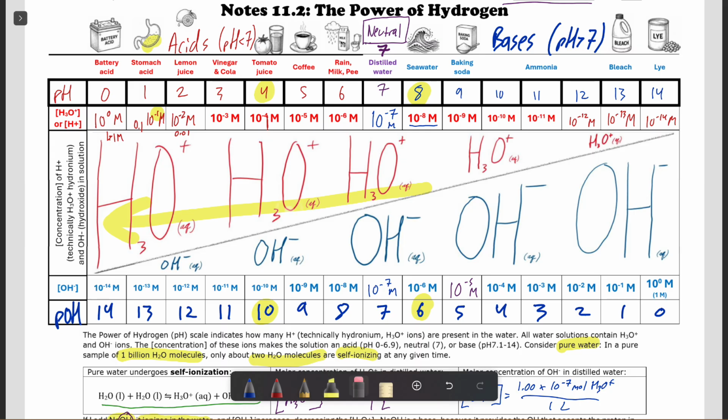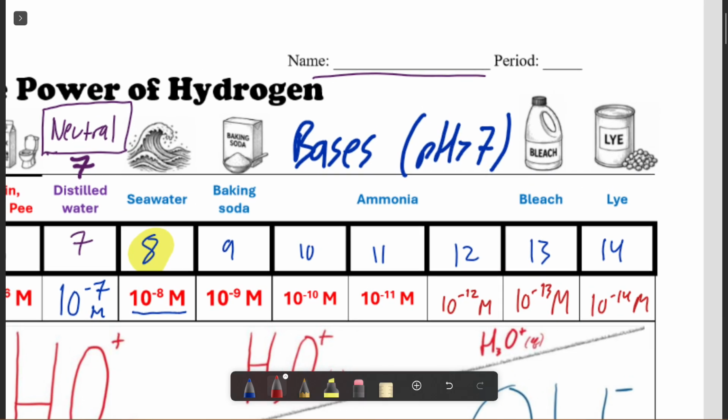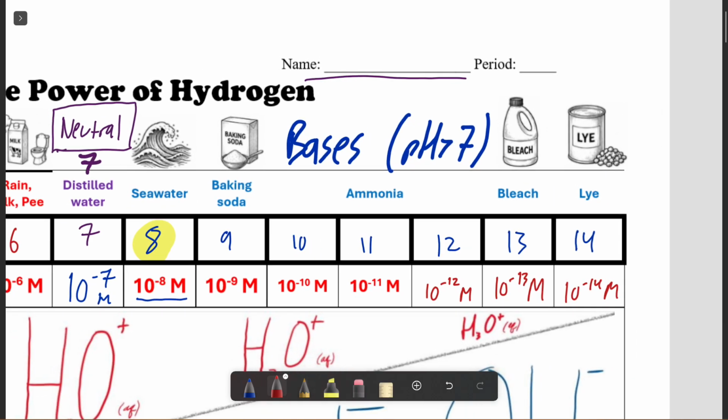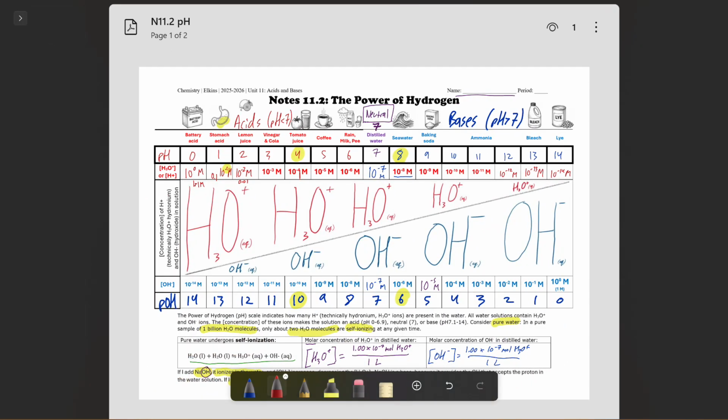I know that's a little bit confusing, but it just has to do with the fact that we're using negative exponents to talk about where my decimal place is. And so that's why that's like that. Okay, so that is the pH scale. And you can kind of see these different substances here that will contribute and add either hydroxides or hydrogen ions to a solution.